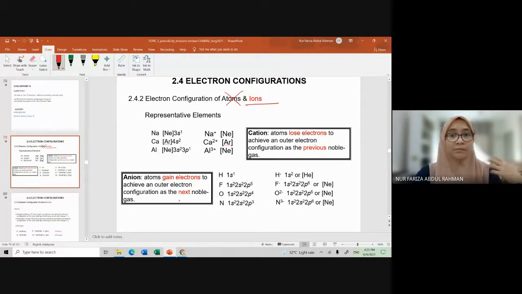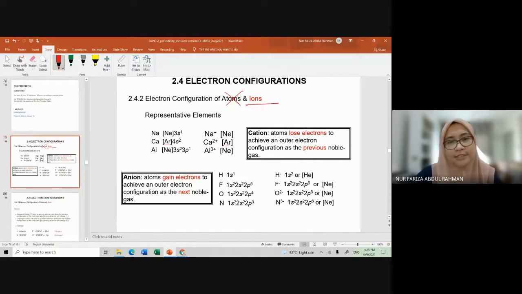How do we determine the period? How do we determine the valence electron, the core electron, and whatnot? Okay, alright. So now is ion. Basically sama je, cumanya for ions, electrons have been gained and electrons have been removed dekat situ.